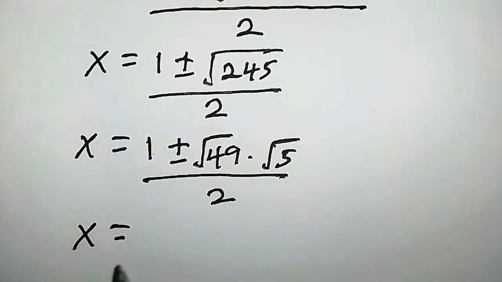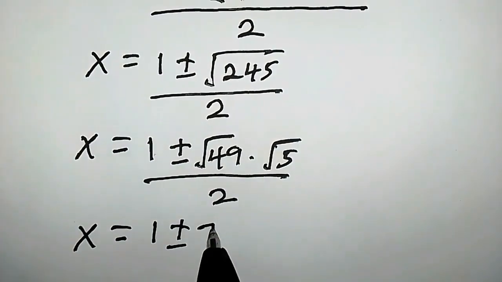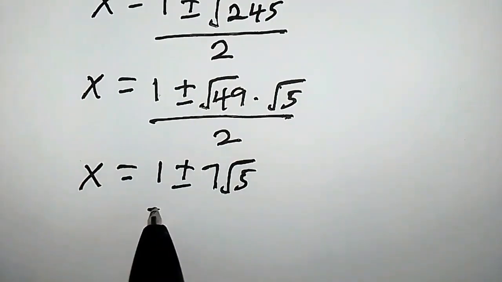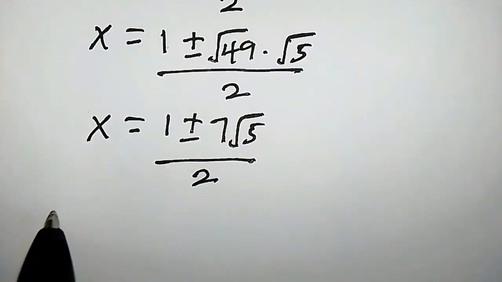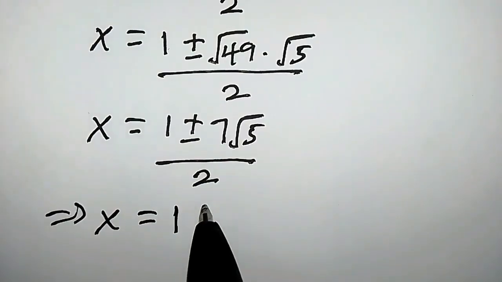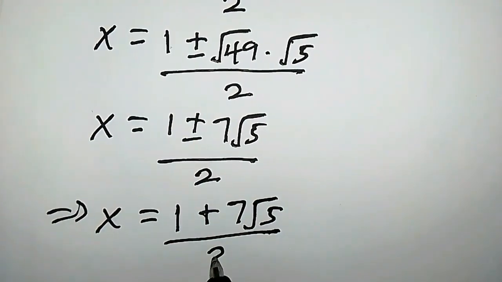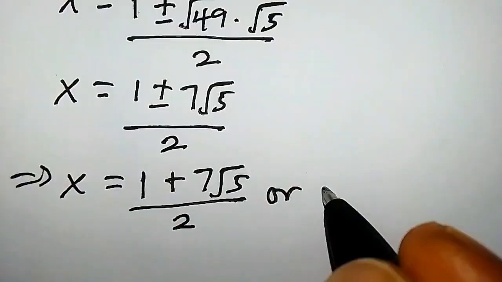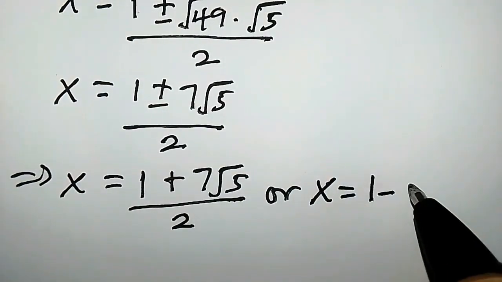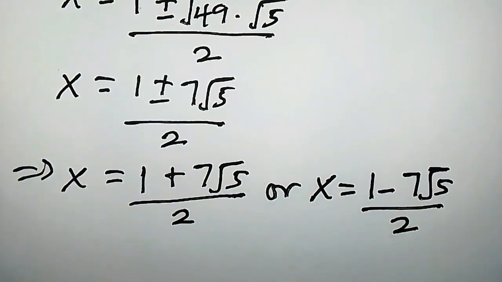So x is equal to 1 plus or minus square root of 49, which is simply 7, times square root of 5, divided by 2. This implies that x is equal to 1 plus 7 root 5 divided by 2, or x is equal to 1 minus 7 root 5 divided by 2.